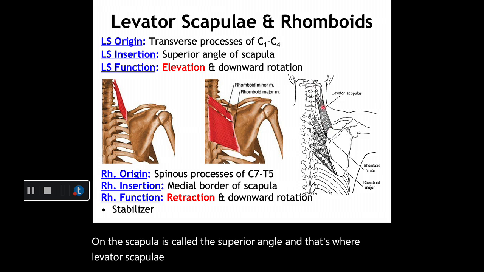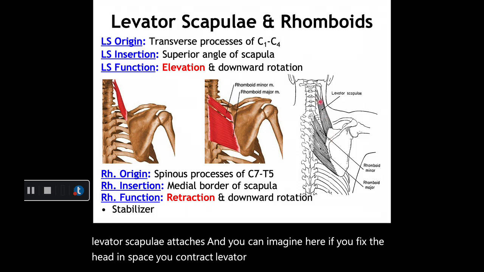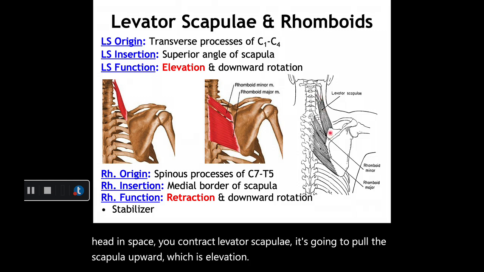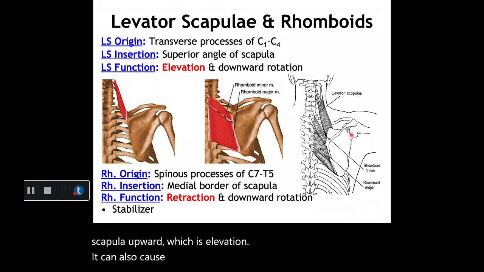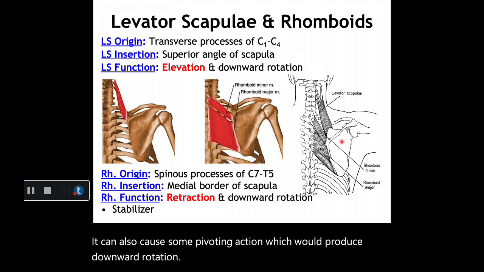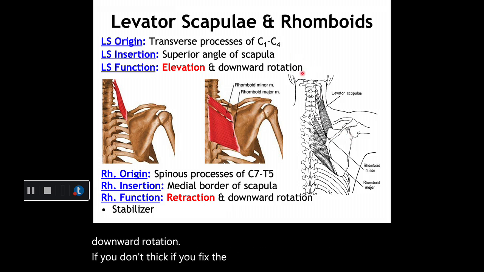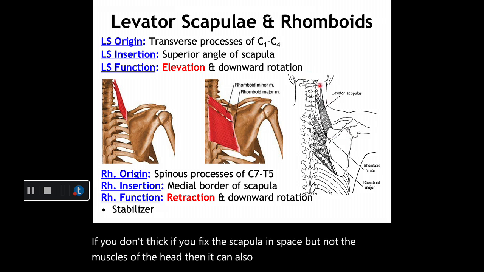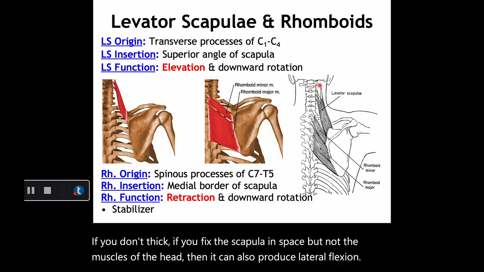If you fix the head in space and contract levator scapulae, it's going to pull the scapula upward, which is elevation. It can also cause some pivoting action, which would produce downward rotation. If you fix the scapula in space, but not the muscles of the head, then it can also produce lateral flexion of the head. Kind of crazy.